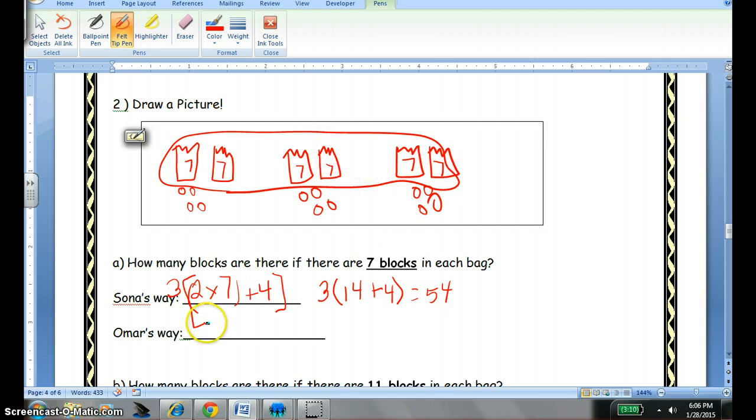So he's going to say I have 6 bags of 7 each. And then he knows that I have 3 sets of 4. And if I add both of those together, I should get the number of total blocks. And sure enough, it's the same thing. So Omar's way, Sona's way.